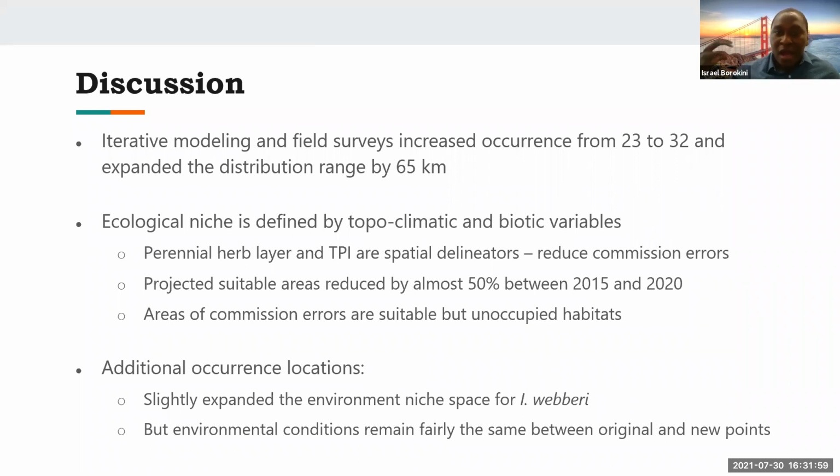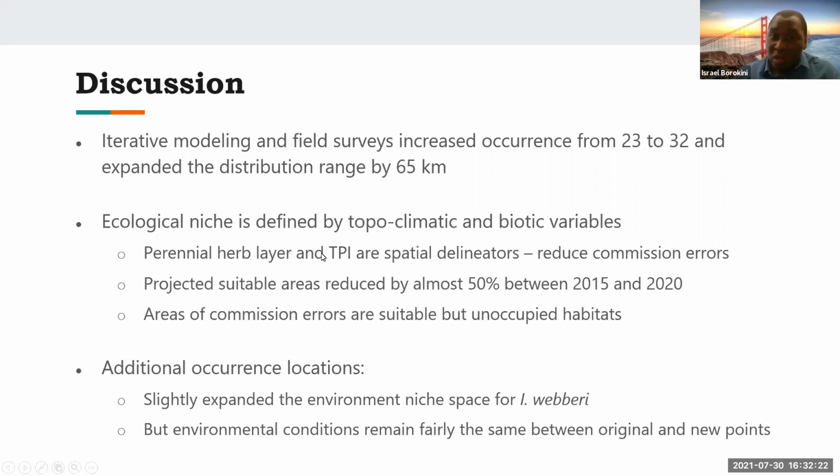Rather, use the information you have to fit some initial models and go out to the field, do some field work, and any new data you get from that, introduce it into the models and rerun it to reliably describe the ecological niche of this species. And that is what we have done patiently over the last 5 years.